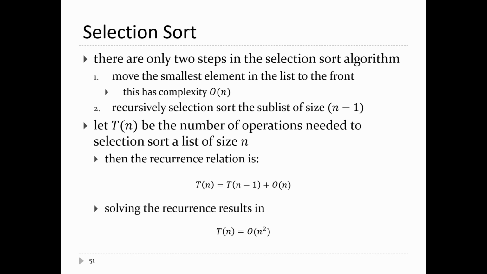In Java, all the elements have the same type. An array represents a sequence of elements, but it's a fixed number of elements. So the number of elements never changes in an array. Just like a list, all the elements in an array must have the same type. The size of an array is given by its field called length. The size of a list is given by its method called size.